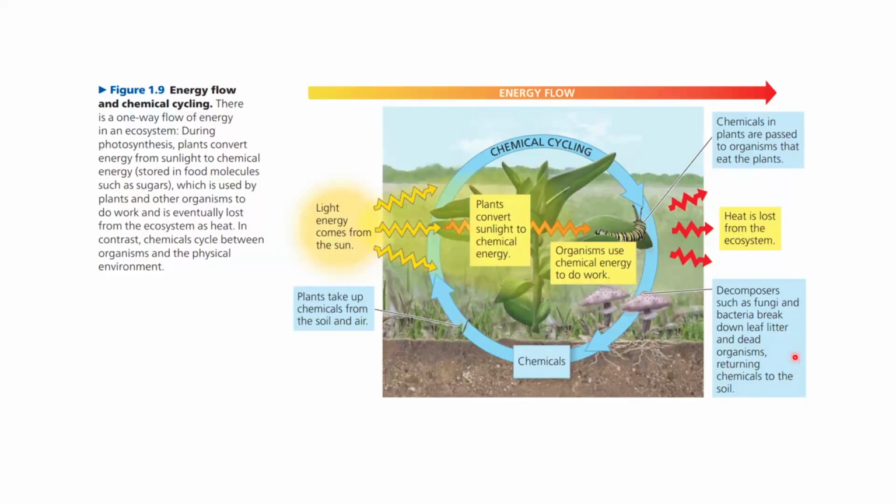So we ultimately get our carbon from plants. That's why there's this whole symbiotic relationship. The plants take the carbon dioxide, they're able to make sugar from it, carbohydrates, and then we eat plants, or other organisms eat plants, and then we eat those animals, or we eat the plants themselves.